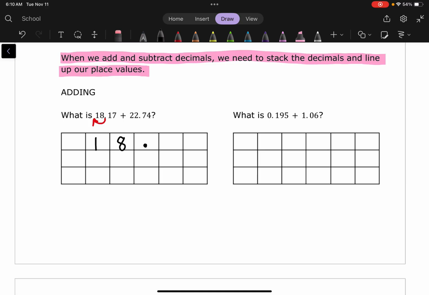Same thing with what's on the left side of my decimal. I need to put each number in its own box. Then I go down and I stack up that decimal point right there. Okay? I need to put 22 because that's on the left, and then 74 on the right of my decimal.